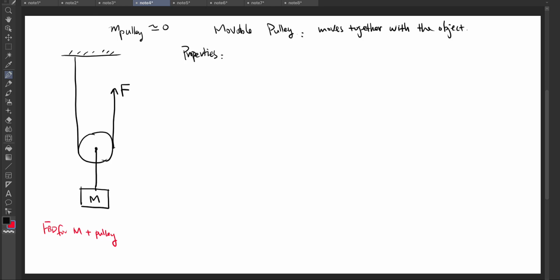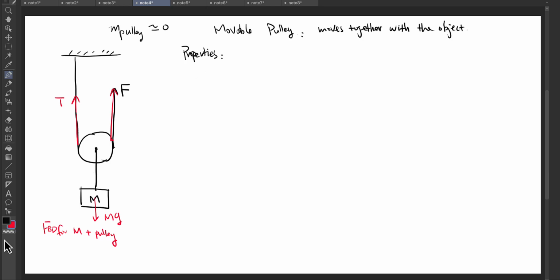Then we can say the force F is acting on the system. On the left side, there's a tension force T. Okay, and then the gravity here still acting on the mass M. And that's it. That's the free body diagram for the mass M plus the pulley.